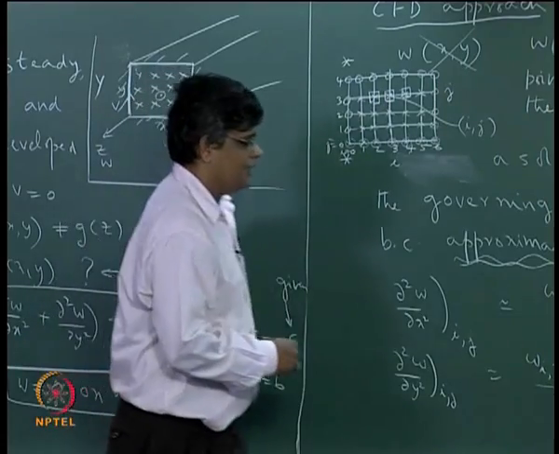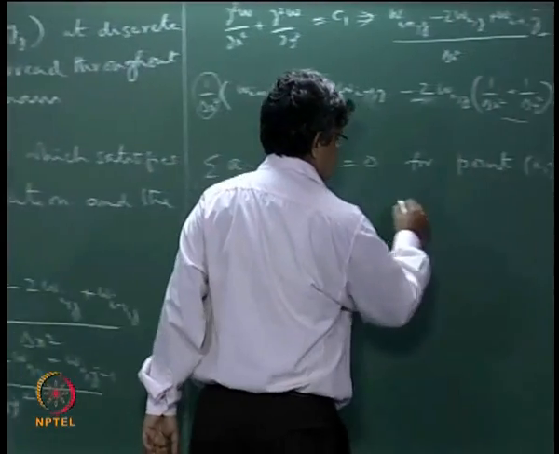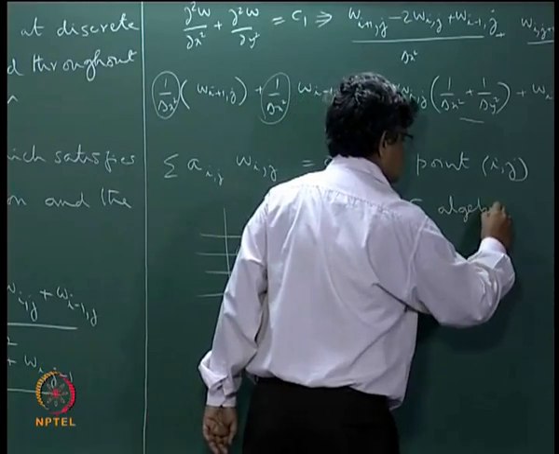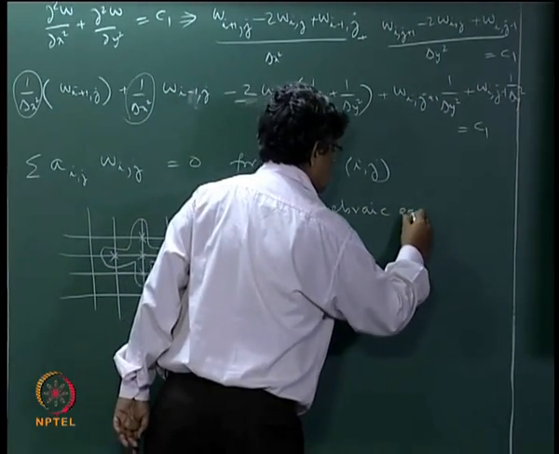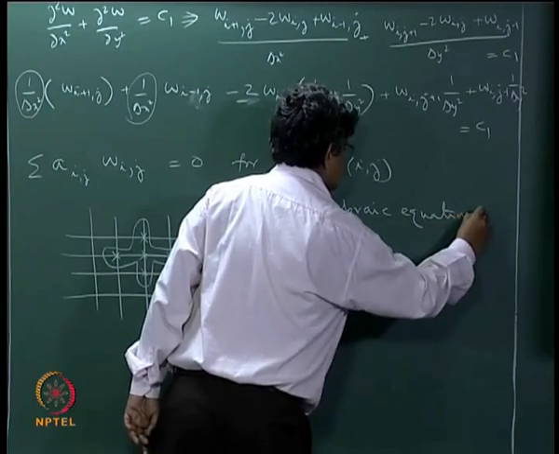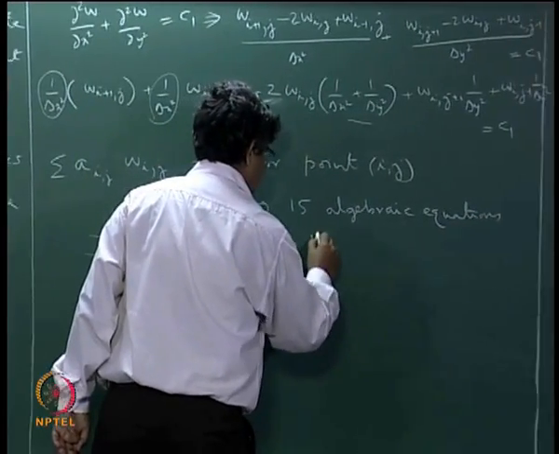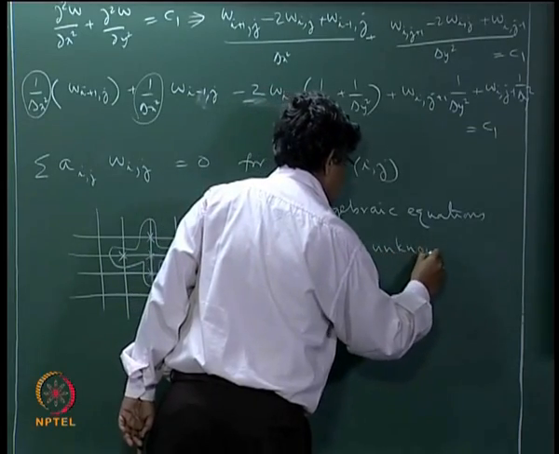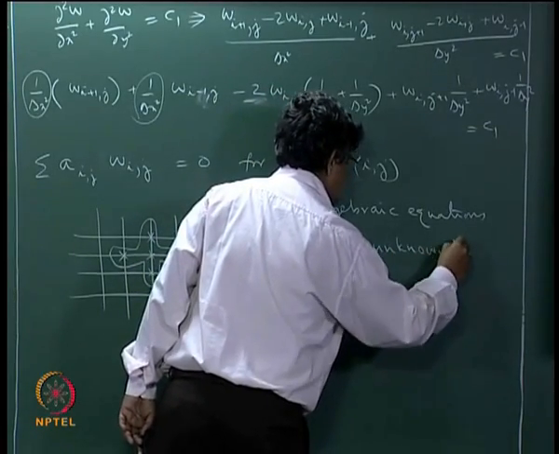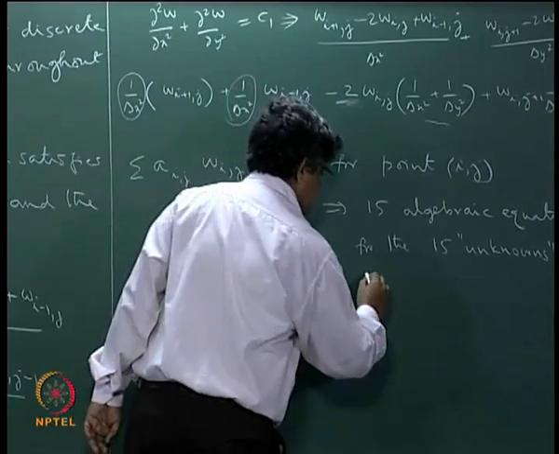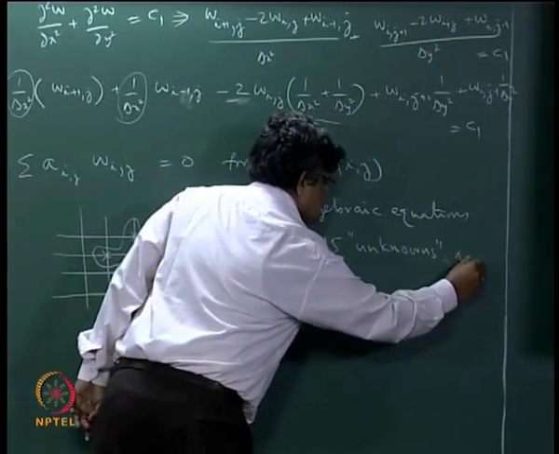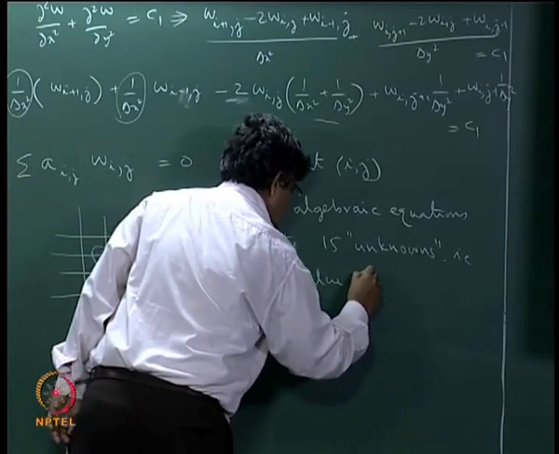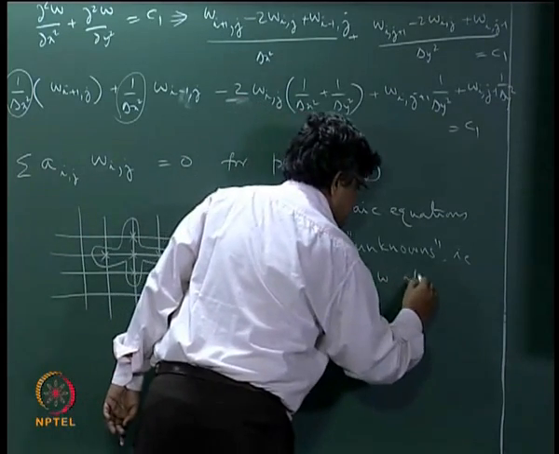So we will have a set of 15 algebraic equations for the 15 unknowns, and the unknowns are the value of W at the 15 grid points.